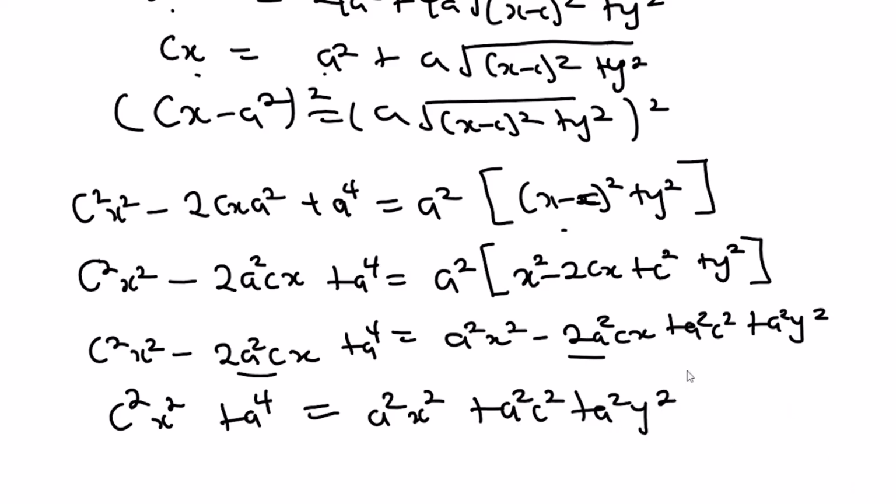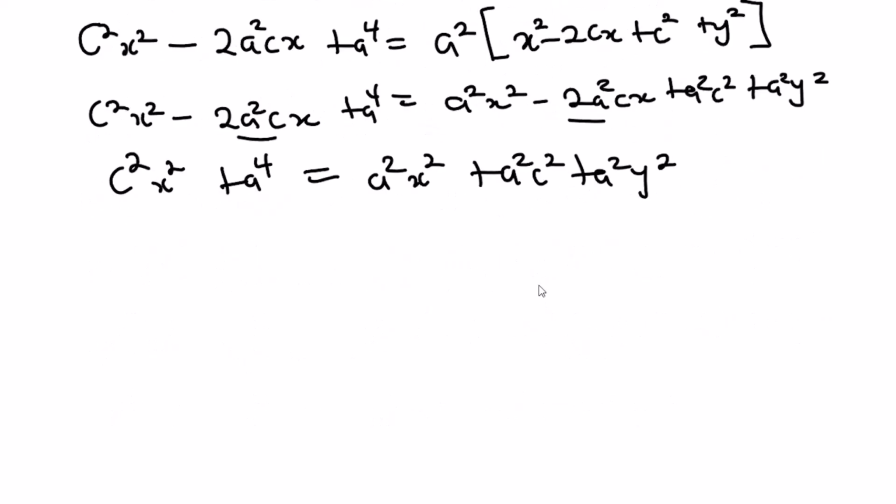Alright, so let's continue and see what happens next. So we have c squared x squared. Can bring this side here. So we have minus a squared x squared. Let's add this one. So now we have minus a squared y squared being equal to, now this is left with only this.